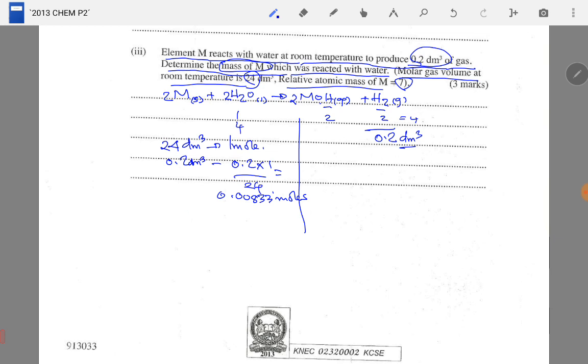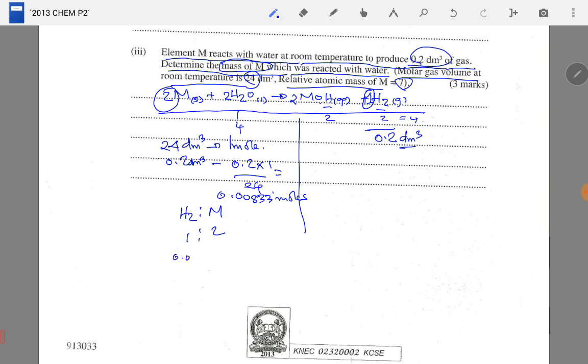Now looking at the equation, our equation up here, 2 moles of M react to give us 1 mole of hydrogen. So the mole ratio, hydrogen to M, 1:2.